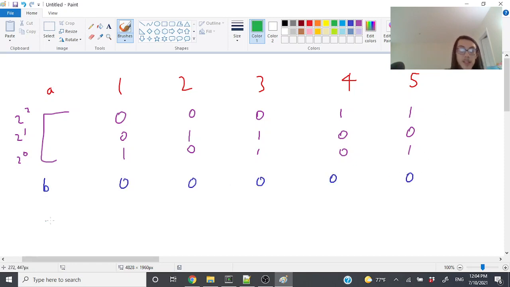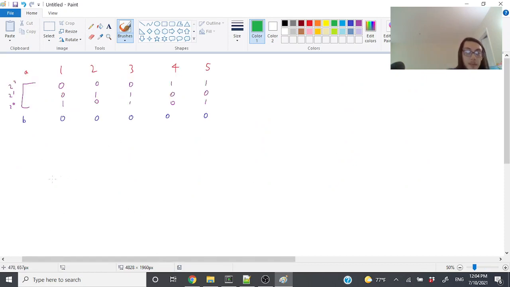Then we're going to make a new sequence C. I'm going to have to zoom out here. B in binary is simple. It might be easier to just write it out. Right, you get the gist. But we're going to make a new sequence C where C_i is equal to A_i XOR B_i.